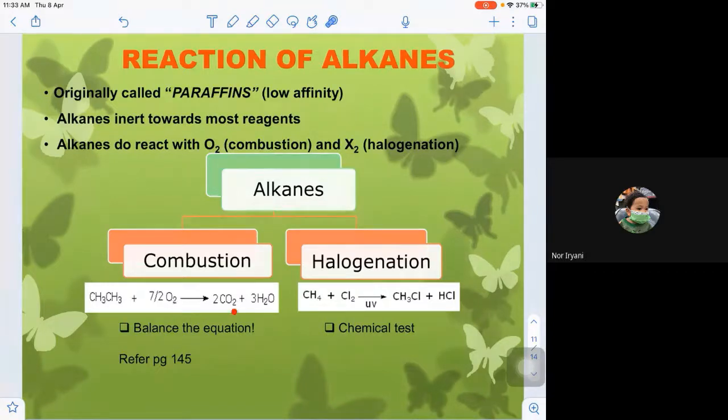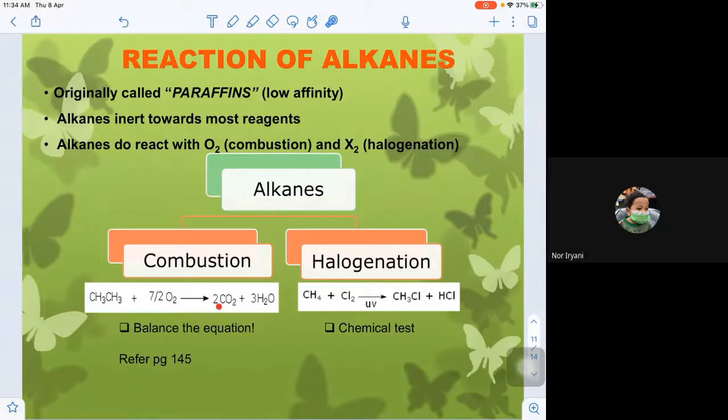What's important in this first reaction is you have to be able to balance the equation, to give the balanced equation from your starting material. It can be butane, pentane, hexane, and so on. So if it is hexane, what is the coefficient for the oxygen that is used? What is the coefficient for carbon dioxide?